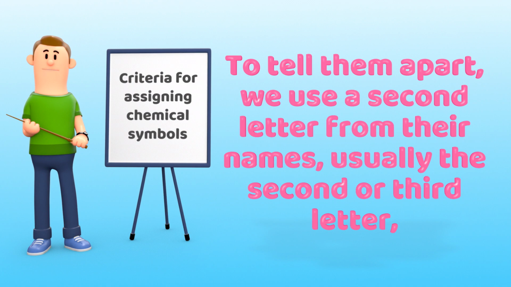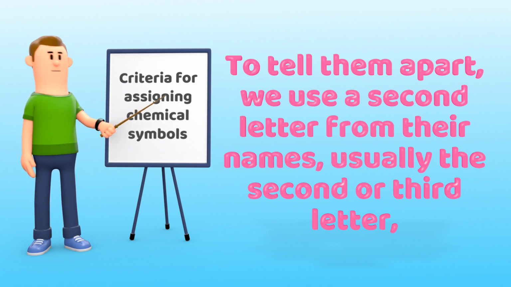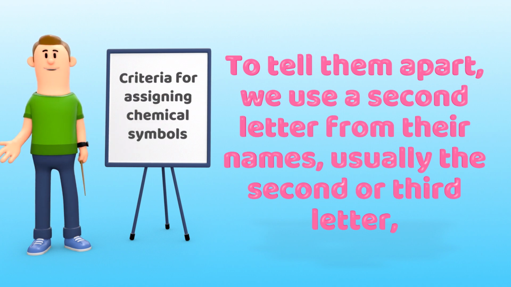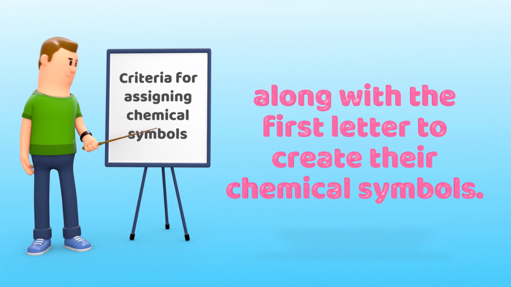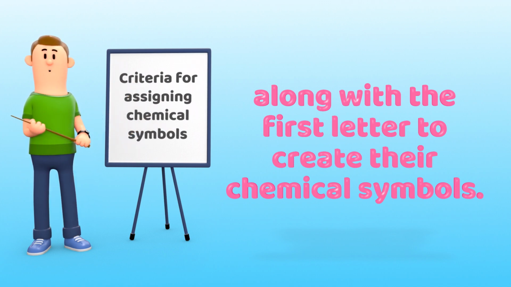To tell them apart, we use a second letter from their names, usually the second or third letter, along with the first letter to create their chemical symbols. This will help in differentiating the elements.